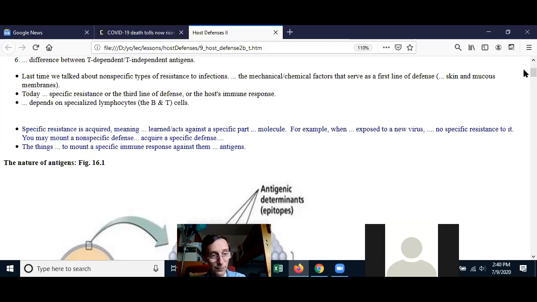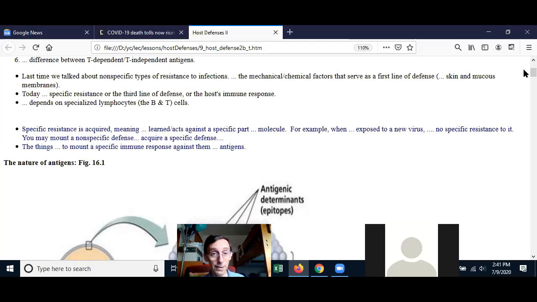Humans have never seen it before, and until your immune system learns to respond to it, it doesn't. And we'll talk a little bit more about that. But that's what we mean by a specific defense: your immune system learns to act against it.